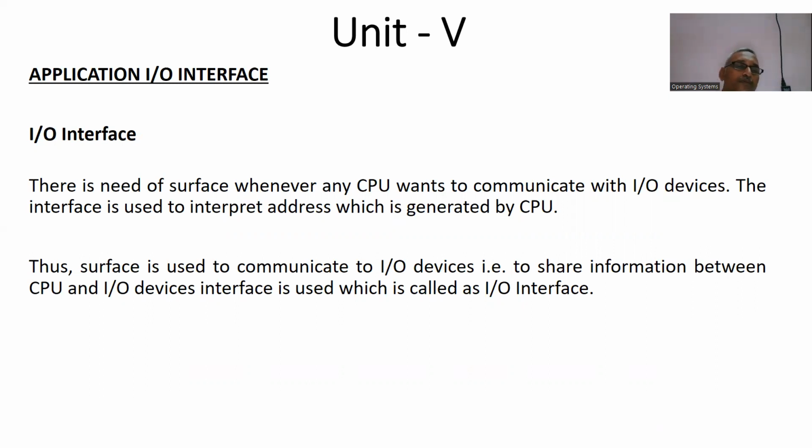Various applications of input-output interface. The interface can access and open any file without any kind of information about the file, even when basic information of the file is unknown.